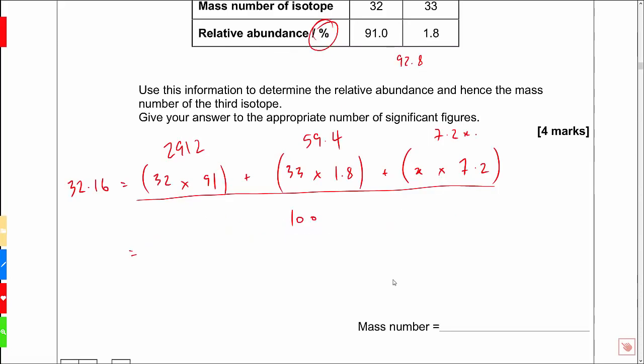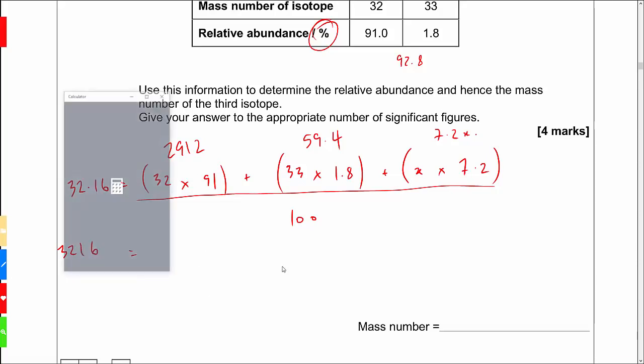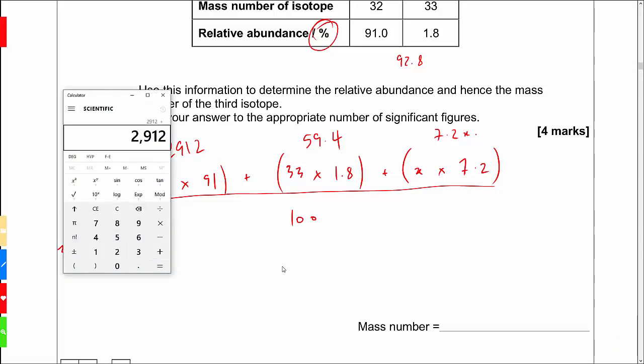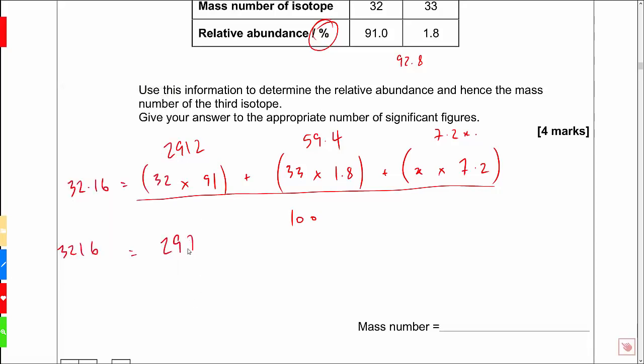So what I'm going to do is rearrange this slightly. I'm going to multiply both sides by 100, so I'm going to end up with 3216, and that's going to be equal to 2912 add 59.4, which is 2971.4, add 7.2x.